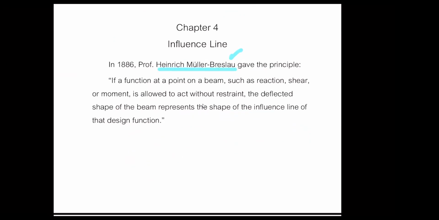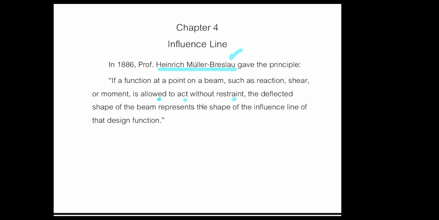He came up with the principle that says, if a function at a point in the beam, such as reaction, shear, or moment, is allowed to act without restraint, the deflected shape of the beam represents the shape of the influence line of that design function.